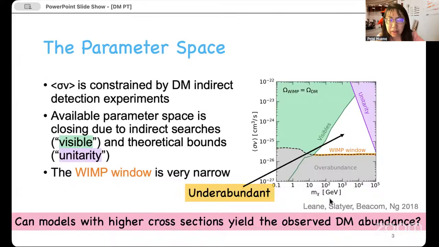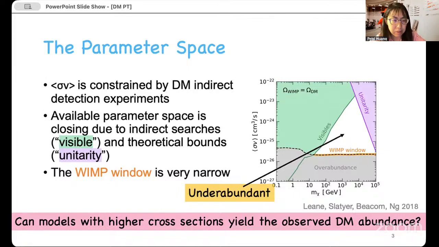So the region here is the overabundance, and we have a very narrow WIMP window, which is this orange line. So for now, I'm going to focus on this white triangle where the thermal dark matter is underabundant.